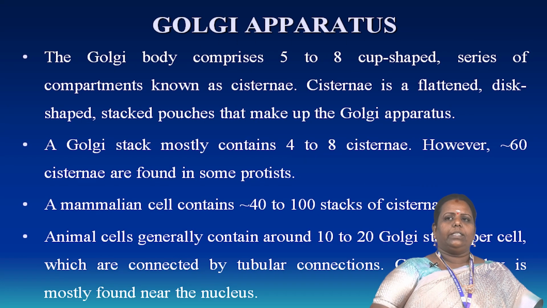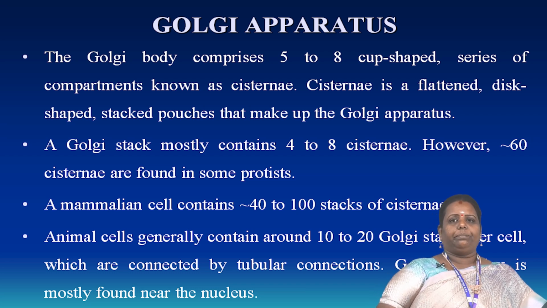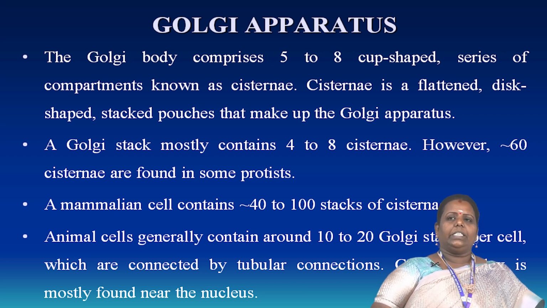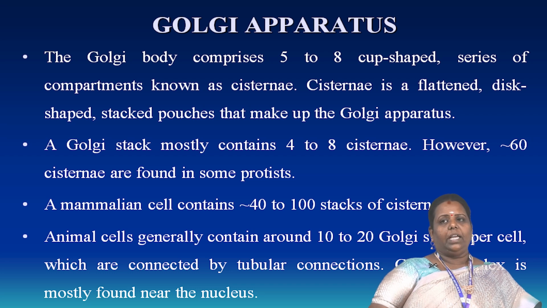Normally, the Golgi bodies comprise 5 to 8 cup-shaped series of compartments called the cisternae. This cisternae is a flattened shape, and sometimes it may be disc shaped, sometimes stacked pouches, making up the Golgi apparatus. Normally, the Golgi stack mostly contains 4 to 8 cisternae.